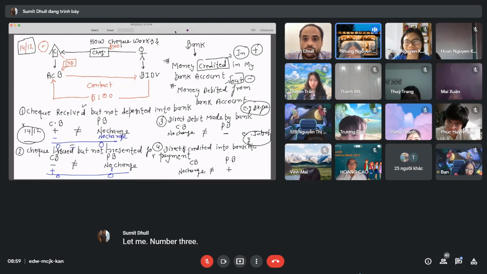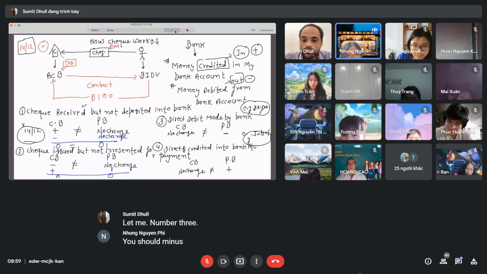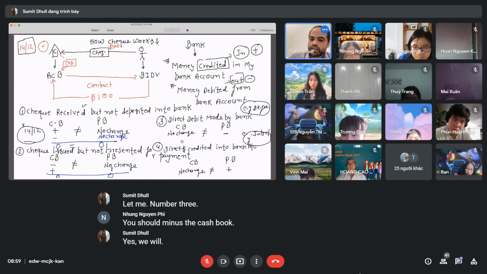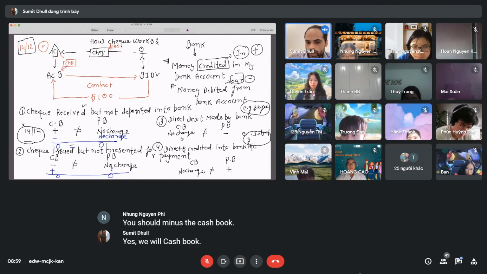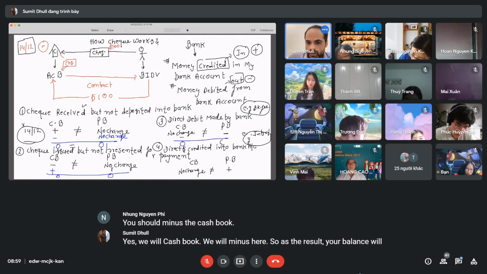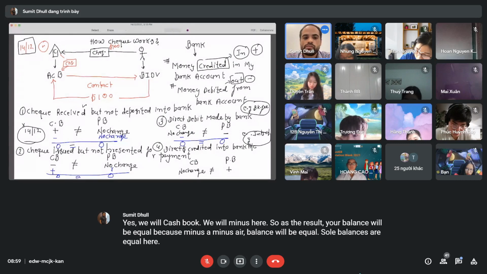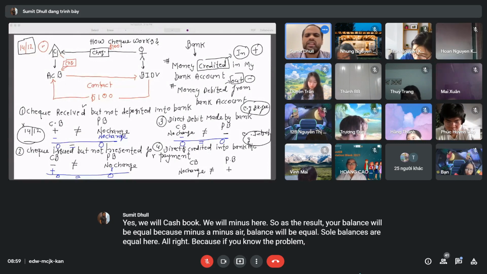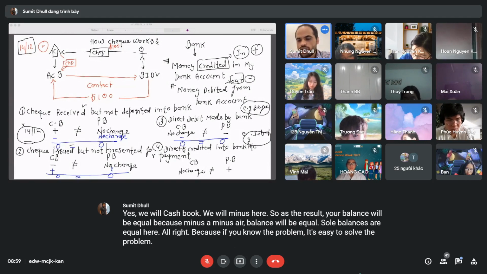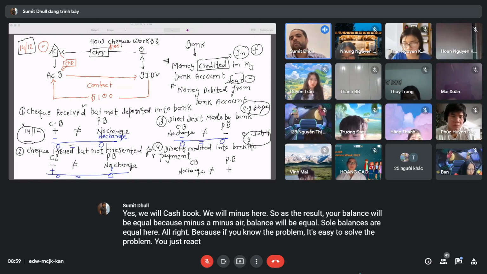We should minus the cash book. Yes, we will minus here, so as a result, your balance will be equal. So all balances are equal here. Because if you know the problem, it's easy to solve the problem. Right? You just react in an opposite way.